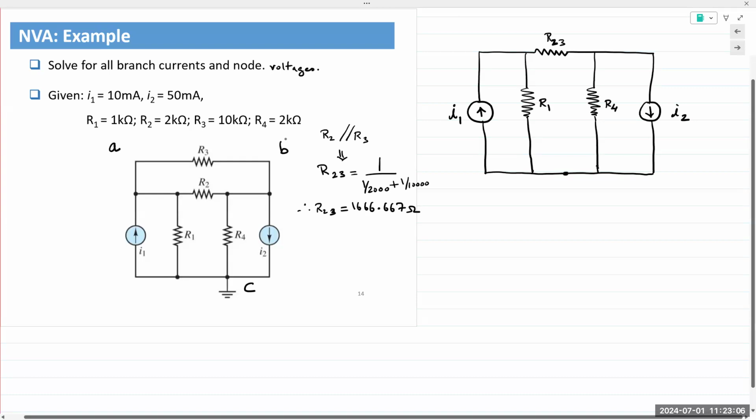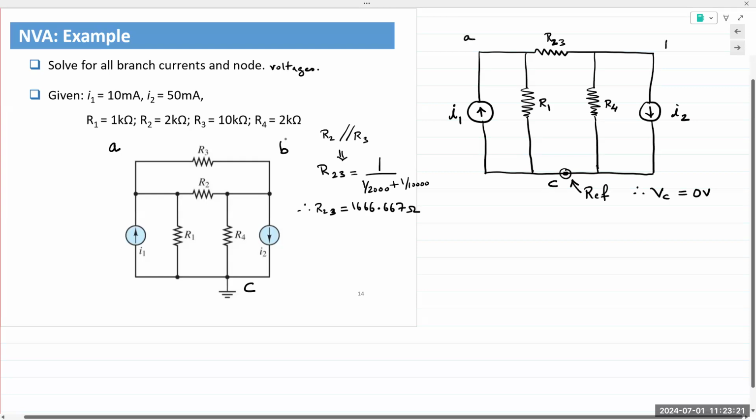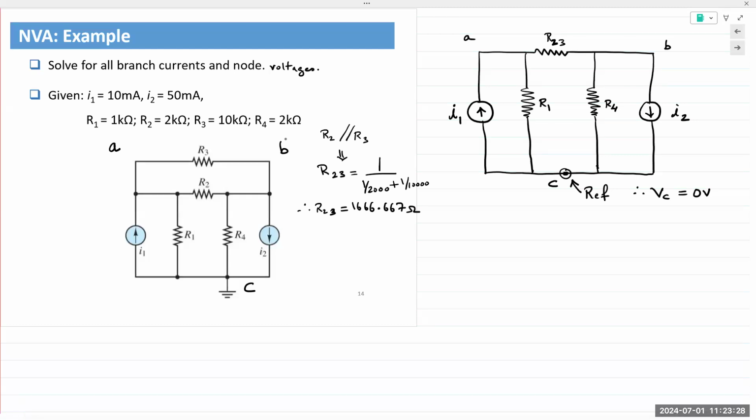And node C will be the reference. Therefore, VC is equal to 0 volts. That's node A, that's node B. That's the initial setup.